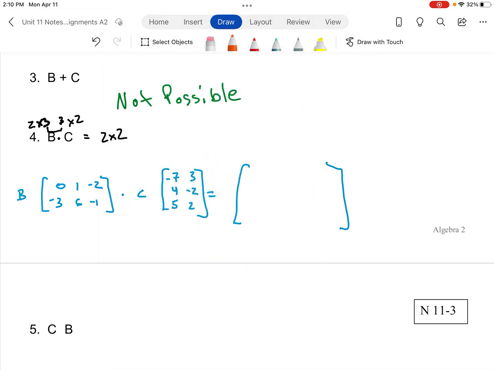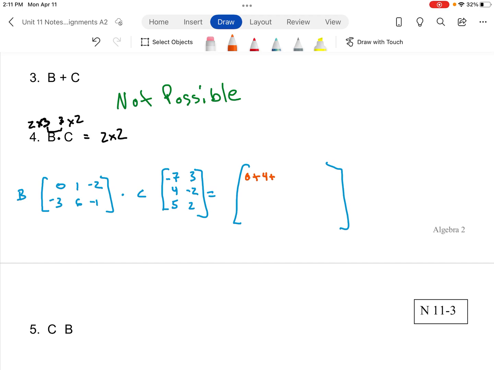So first row times that first column. So I've got 0 times -7. Okay, that's 0. And I've got to do 1 times 4. That's 4. Then -2 times 5 is -10.